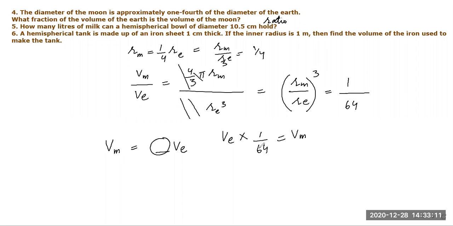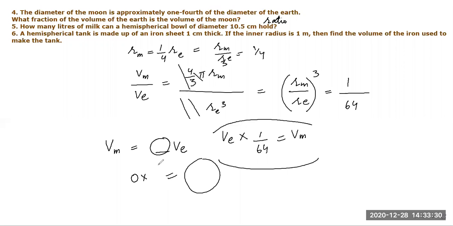Always remember, when something is bigger and you want to convert it into smaller, you have to multiply it by a number less than 1. If something is smaller and you want to make it bigger, you have to multiply it by a number more than 1. This is a very important thing to make a good judgment in calculation.